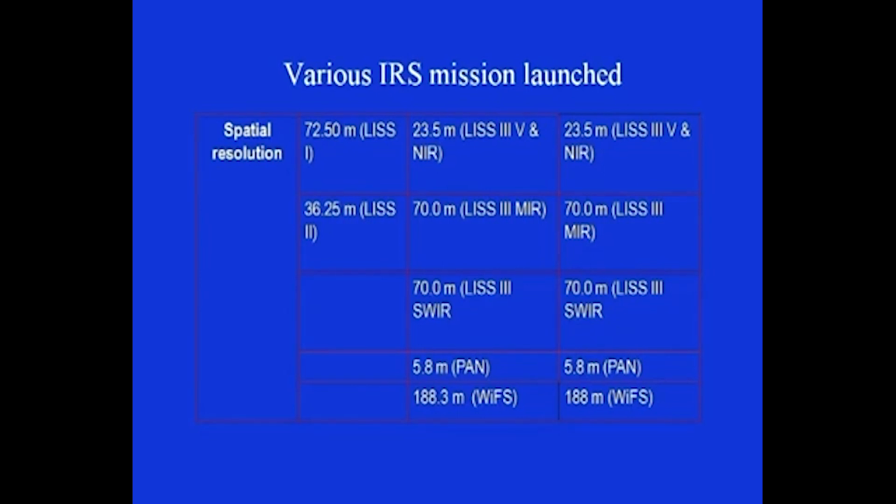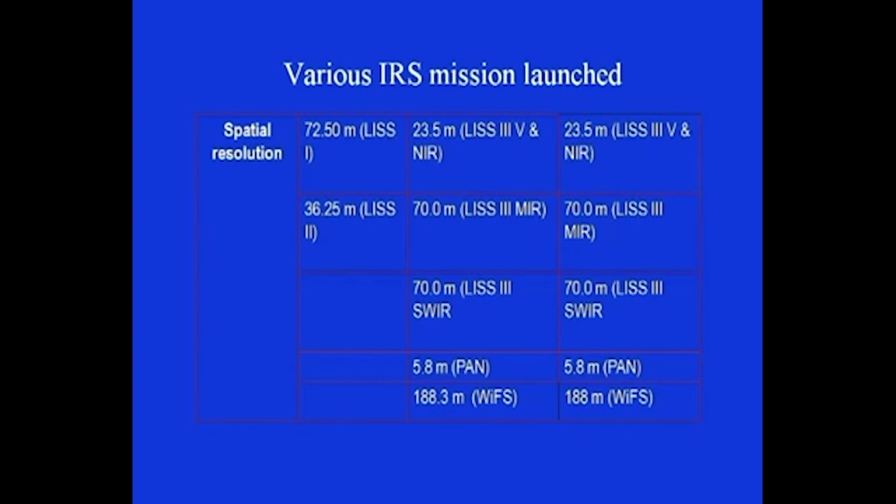This got further enhanced in the case of IRS-1C, wherein it became 23.5 meters for LISS 3 in the visible region and the infrared region. It was 70 meters for MIR and SWIR, 8.5 meters for the panchromatic, 188.3 meters for WiFS.